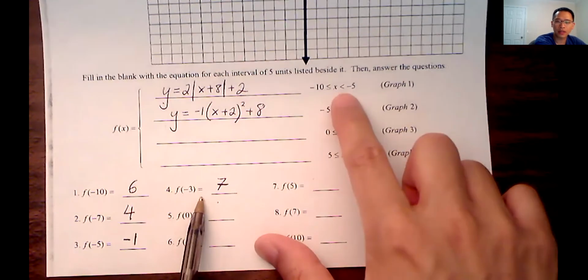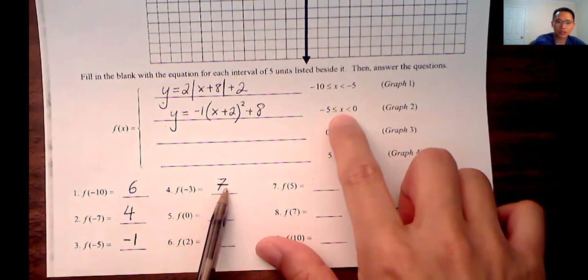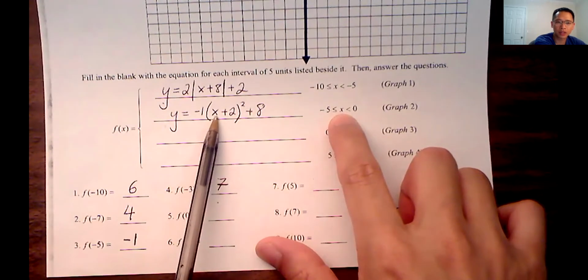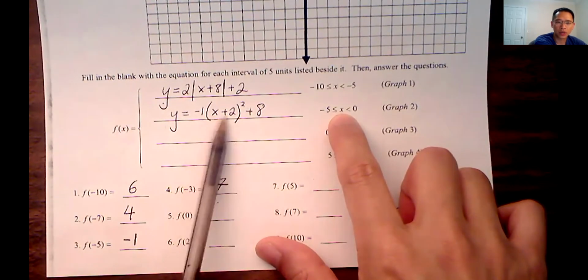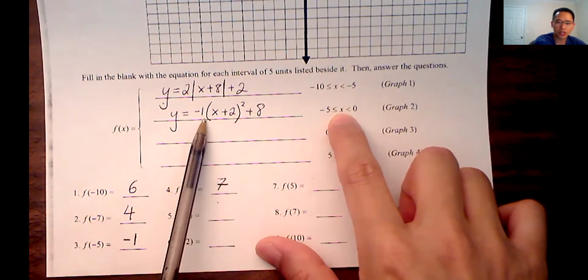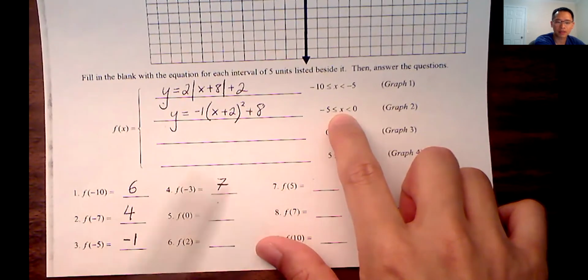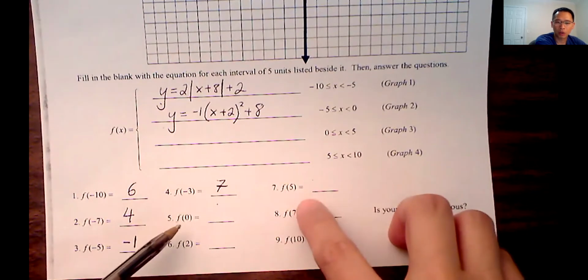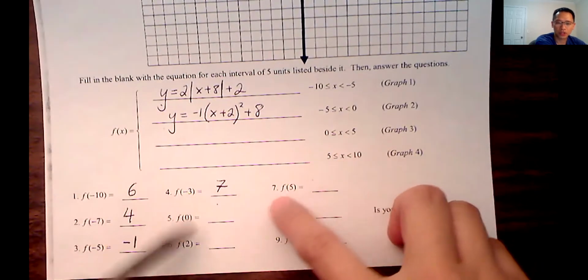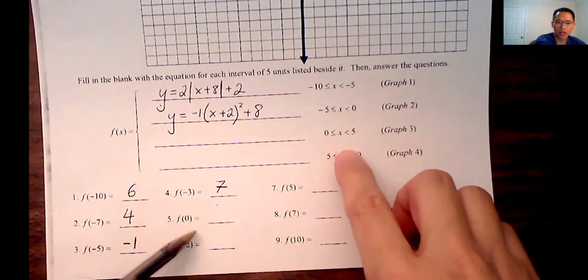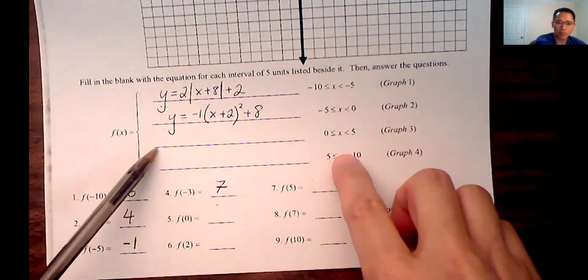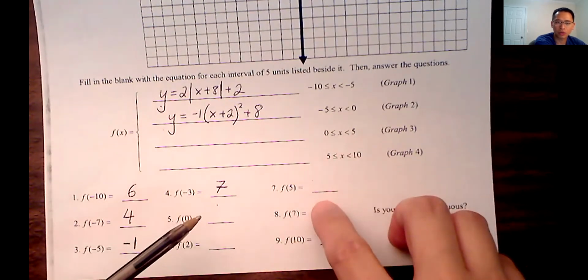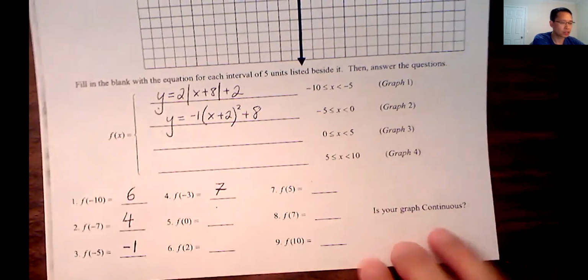For -3, it falls between -5 and 0, so we'll plug -3 in for the second piecewise function. We get -1 squared, which is 1 times -1, that's -1 plus 8 is 7, and so on and so forth, right? Depending on where the value is and which piecewise function, you're going to use that to determine which of these existing functions to plug into.